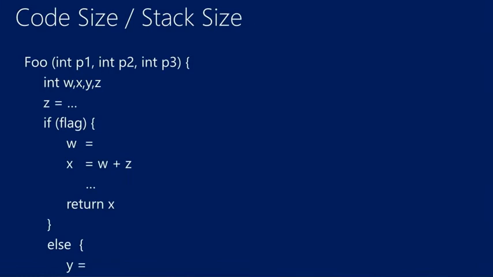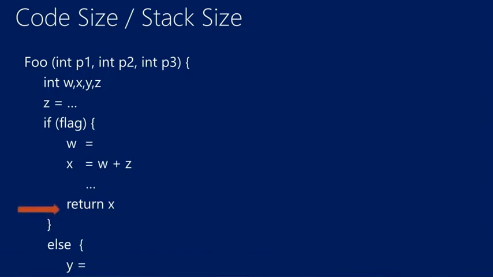So this is an example of a program where we're going to do something called stack packing. If you look, it's got 4 local variables: W, X, Y, and Z. So we could, if we had to, create just 4 stack slots, 4 locals.